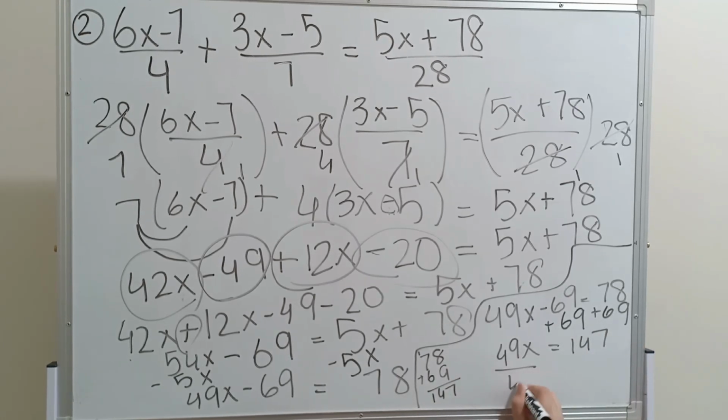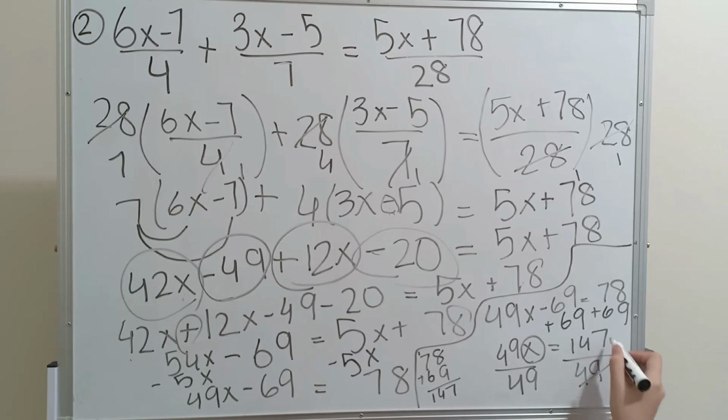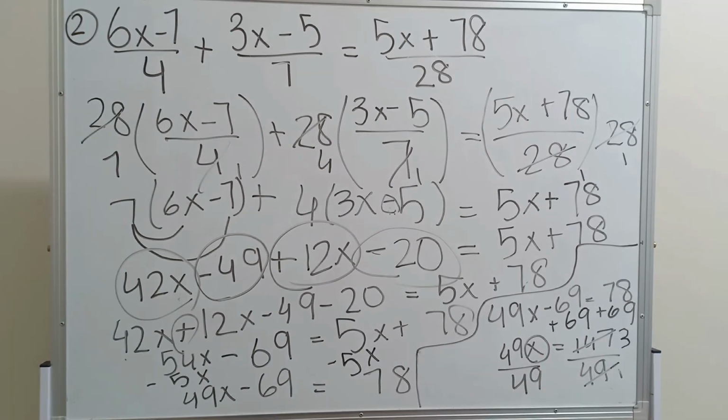We are now going to divide them by 49 because 49 is the one with the variable x, and this too. So if we divide 147 by 49, we will get 3. So our answer for the second and our last question is x equals 3. That's our answer for question number 2.